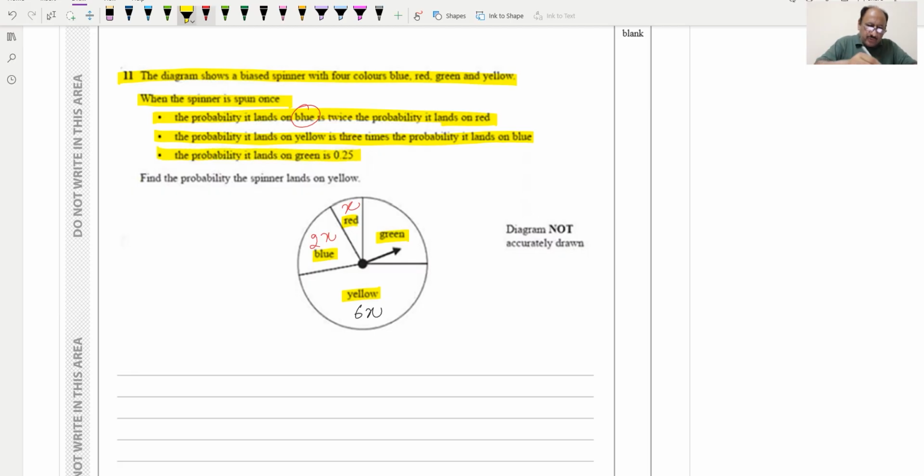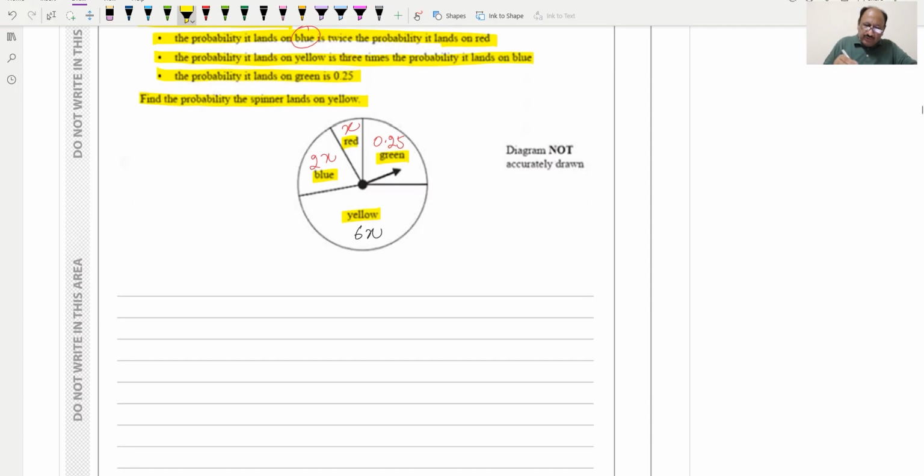So these are the probabilities which we have written, and we have to find the probability that the spinner lands on yellow.